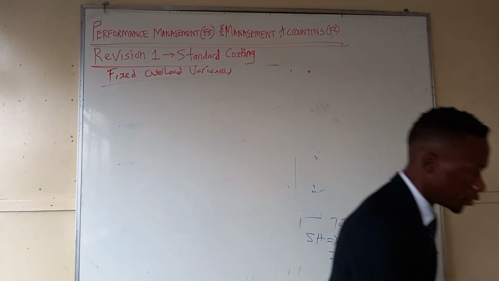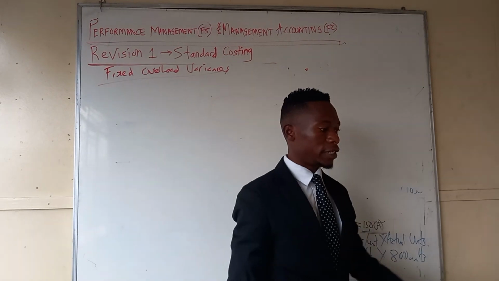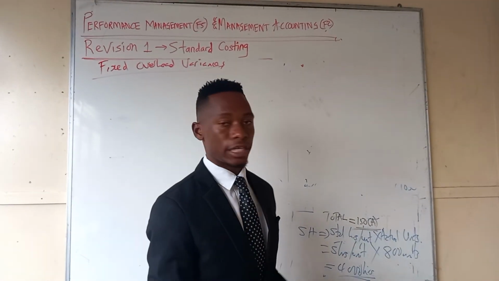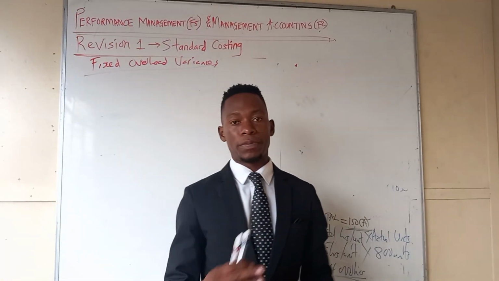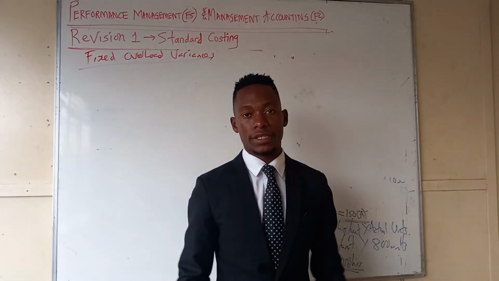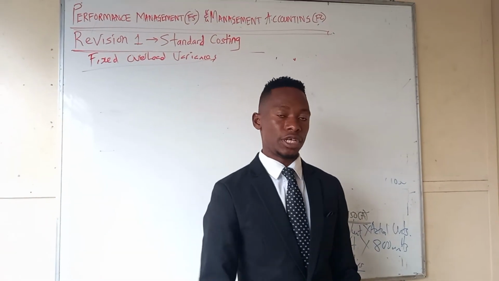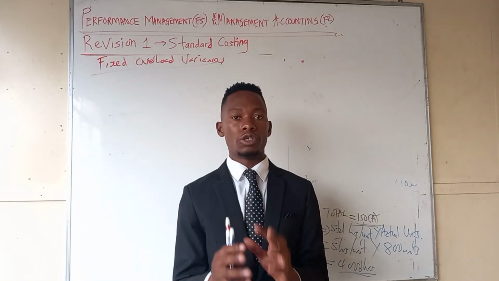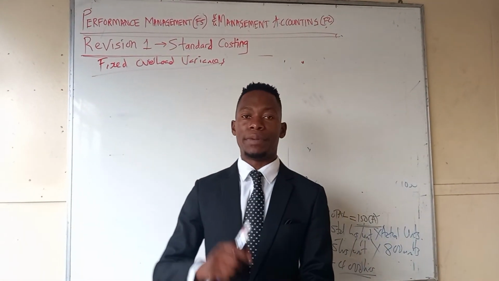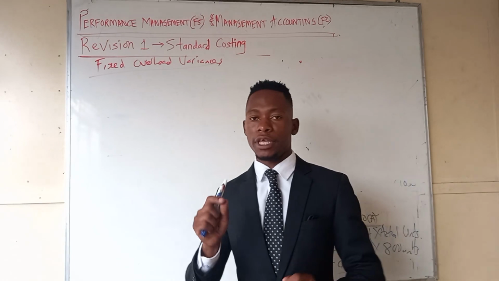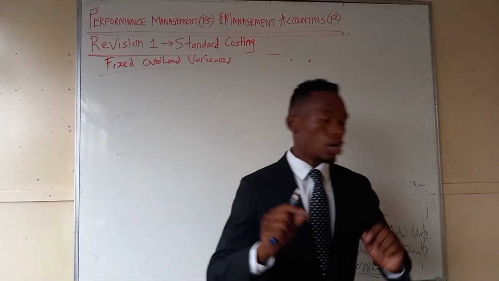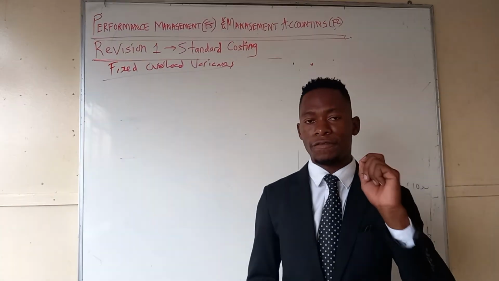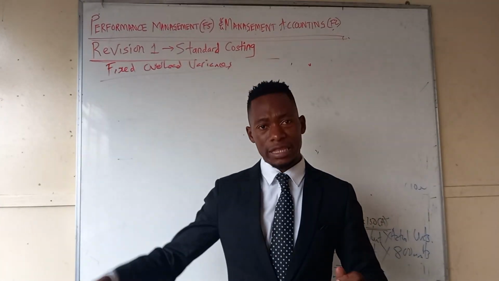If you read the question, they've said that the fixed overhead included in the standard is based on expected monthly output of 900 units. So we are given the expected output, which is 900 units, and the actual output was 800 units. And they are telling us that the fixed production overhead is absorbed on the basis of direct labor hours, meaning that the fixed overhead costs are affected by the labor hours.